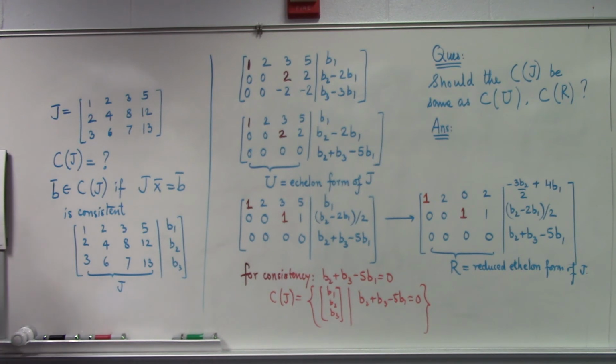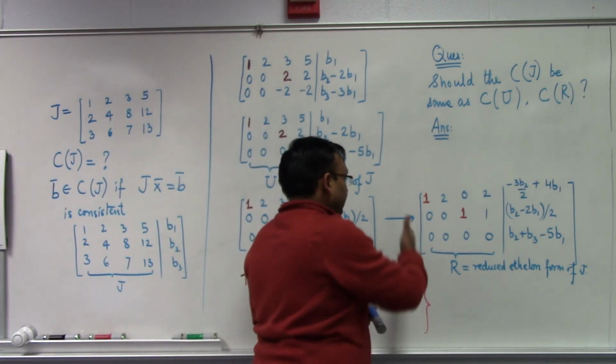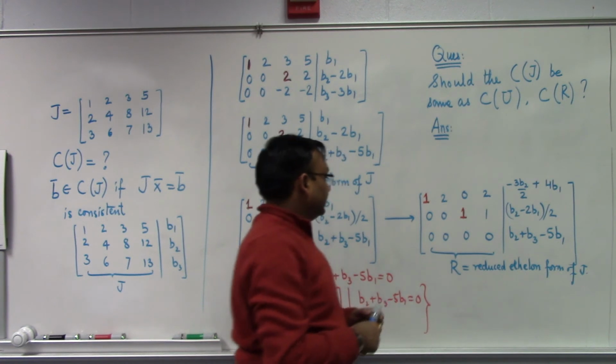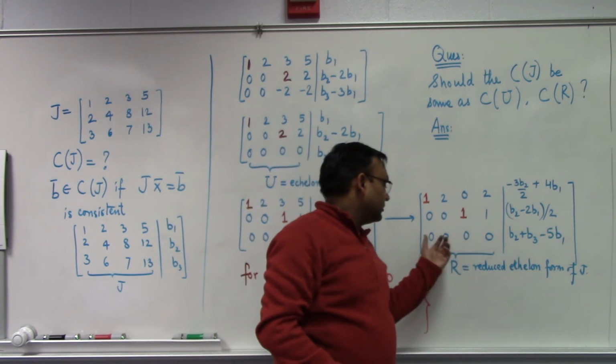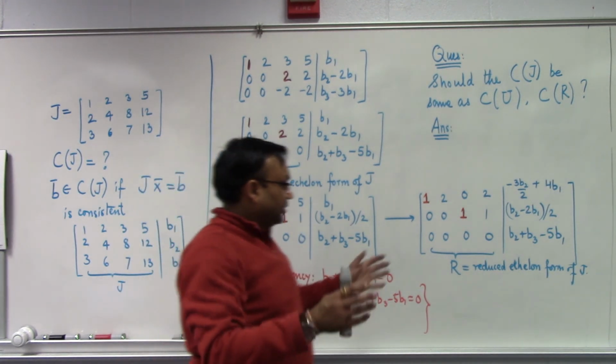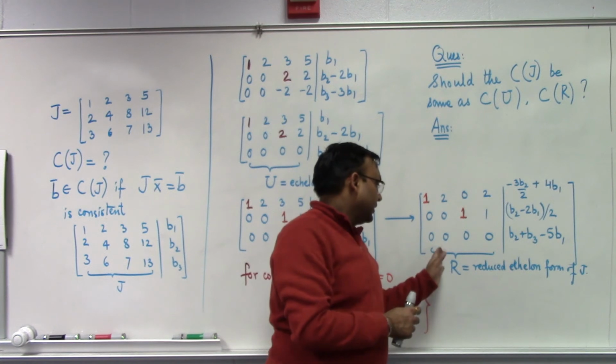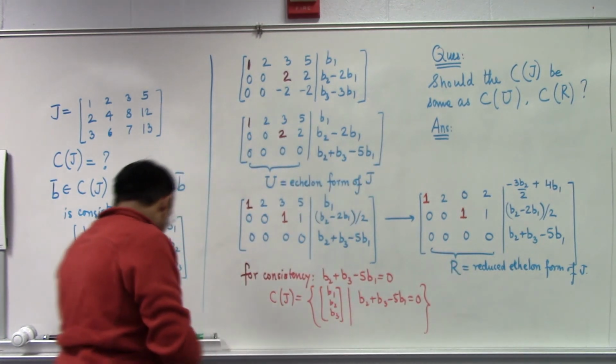But if we look at it a little bit nicely, we should be able to tell whether that is true or not. Look at the column space of R. Look at these columns. They look very nice, but they have one thing in common. All the columns, their last entry is 0. So whatever they span, whatever vector is in the column space of R has to have a 0 in the last entry.